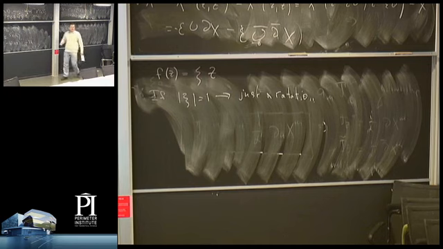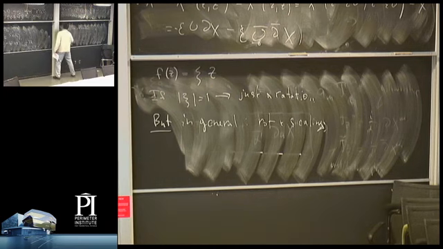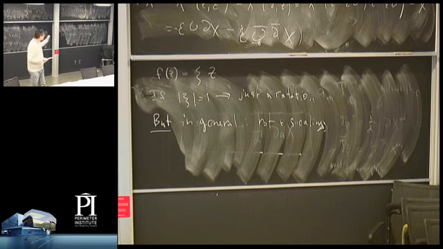But in general, it's rotation plus rescaling, so it's rotation plus scaling. And so what we are finding is that our theory is secretly invariant under the scale transformations. Okay, so scale invariant. That's not exactly the conformal symmetry group.